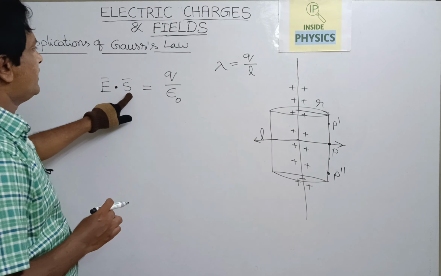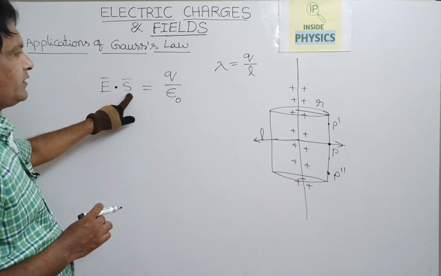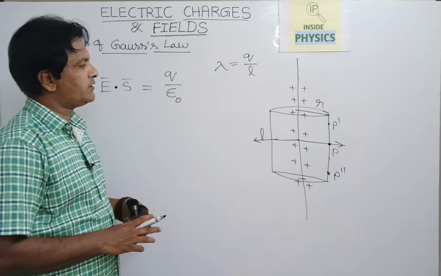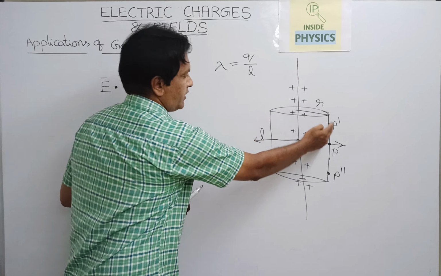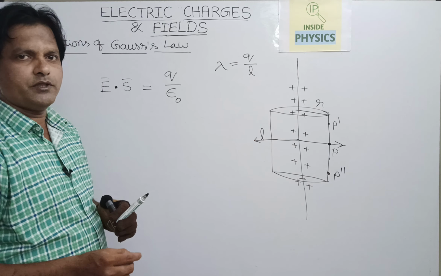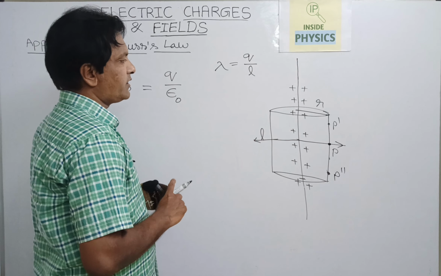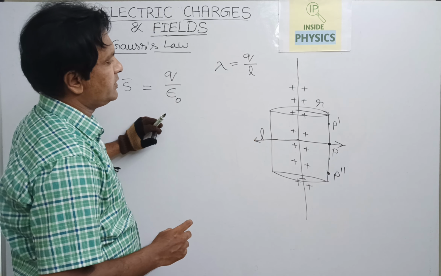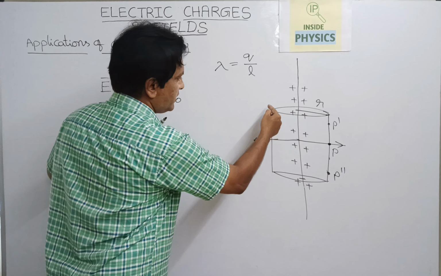To get the surface area, you cannot take the total surface of the cylinder. You need to take the surfaces through which the electric flux is coming. The electric flux comes through the cylindrical surface only.